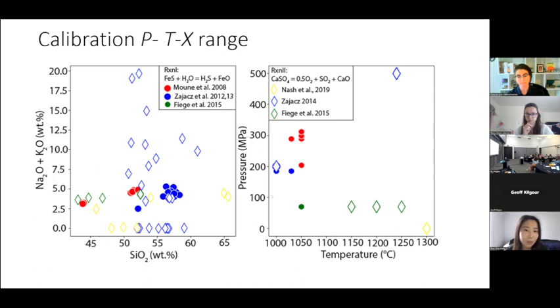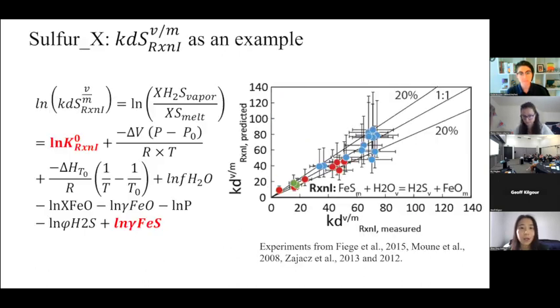So SulfurX is really calibrated to apply to basalt and basaltic andesite systems. In order to get around this limitation of a narrow temperature and pressure range, when we calibrate the partition coefficient for each reaction, instead of regressing empirically for the pressure and temperature effects, SulfurX used a more thermodynamic approach.